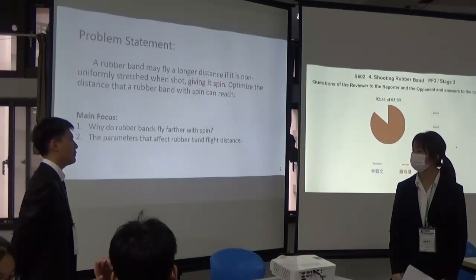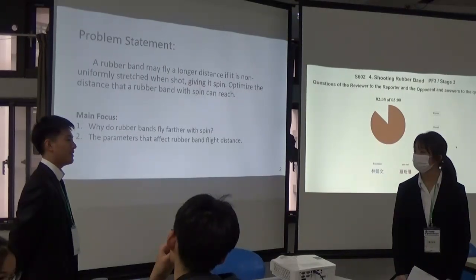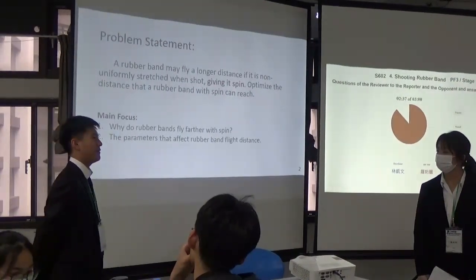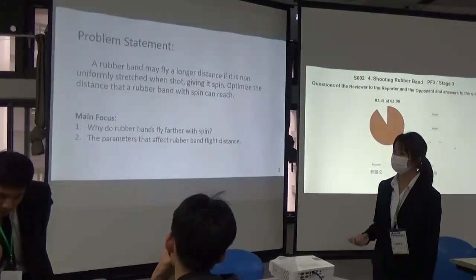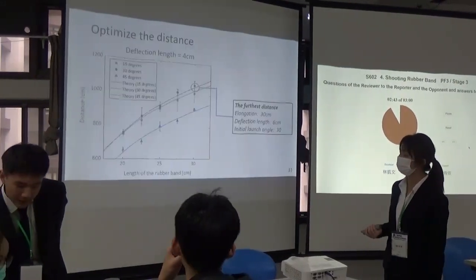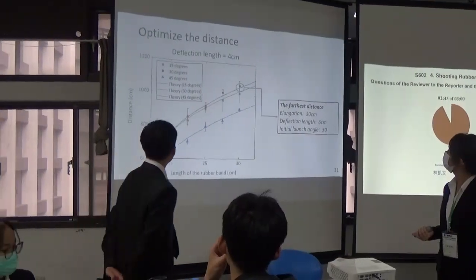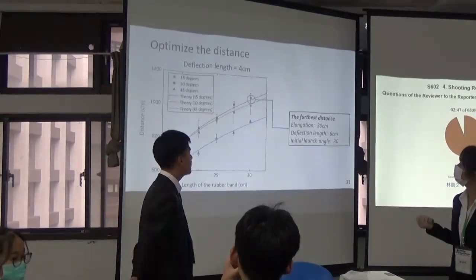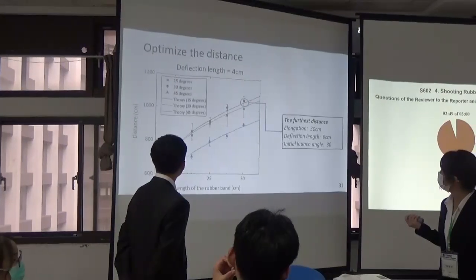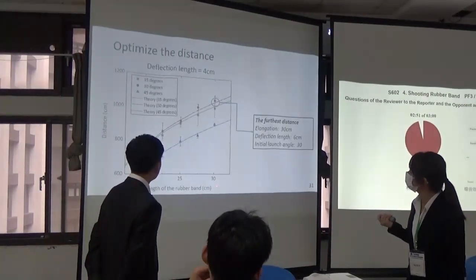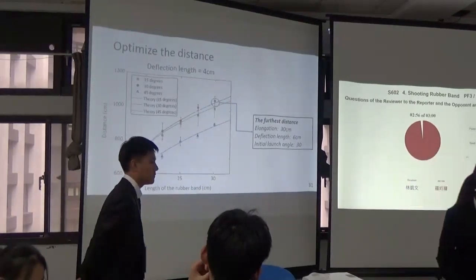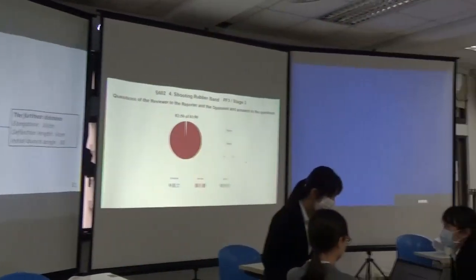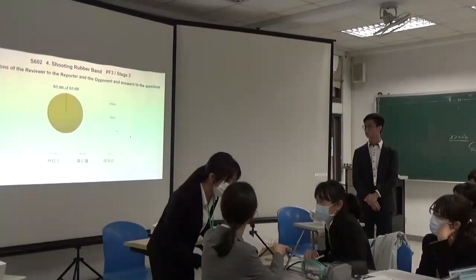However, it could be longer, but it's the experiment that we have conducted. Can you show me the data? Here. So the 30 centimeter is the longest. Yeah. Time is up.